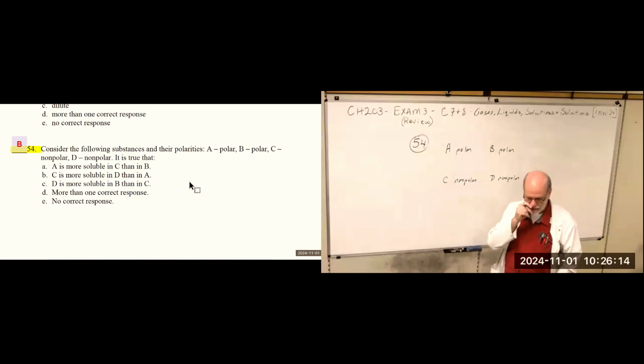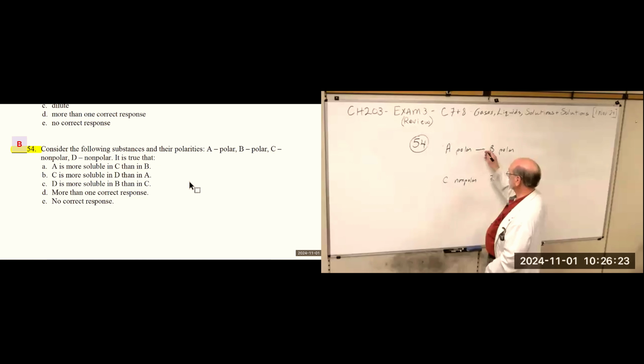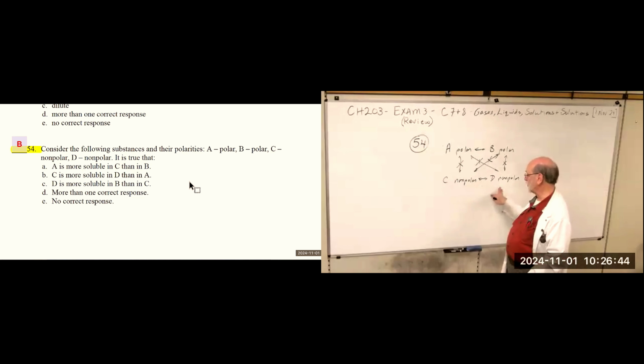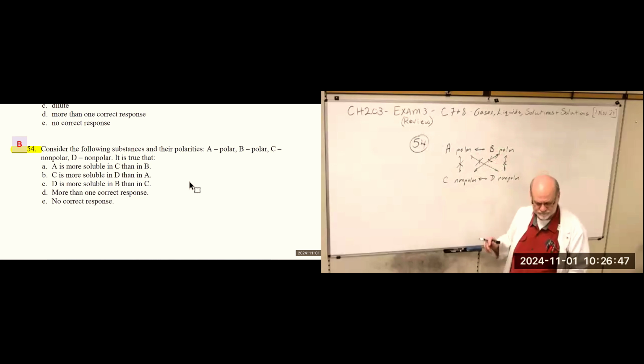It is true that what? Which one's soluble in which? These two are soluble in one another. These two are soluble in one another. These are not. And that way, or this way, they're not soluble. Okay? Only the polar with polar and nonpolar with nonpolar are soluble.